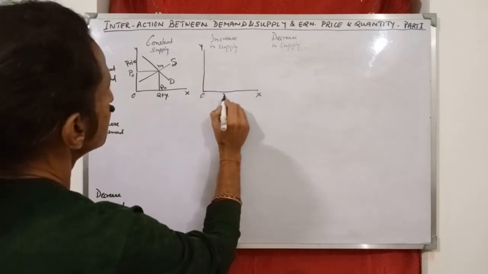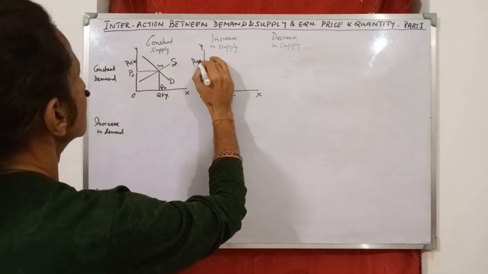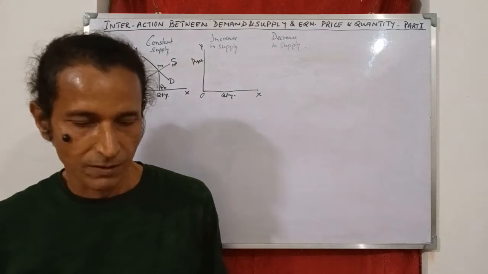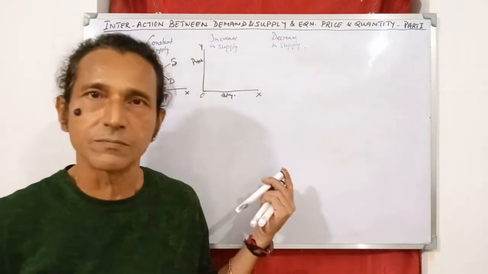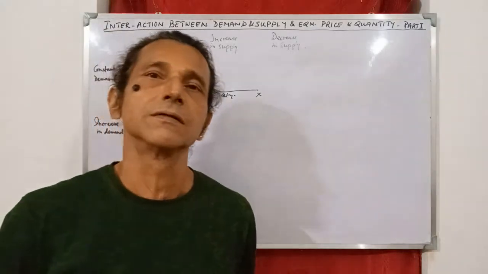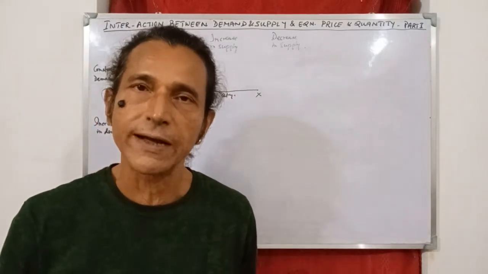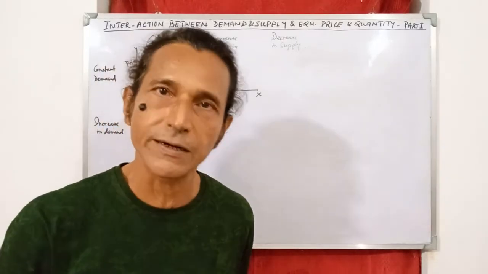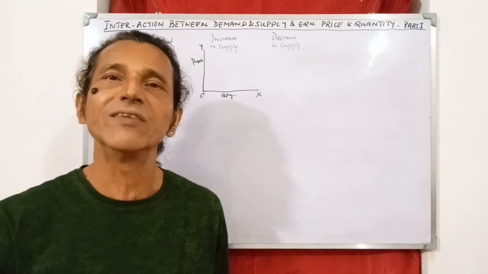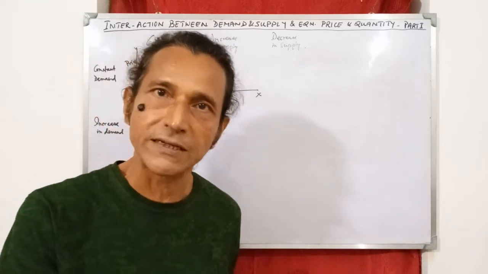Again on X axis we measure quantity, on Y axis we measure price. Remember, when you depict something diagrammatically, so long as demand curves and supply curves are concerned, start from equilibrium. You assume that equilibrium exists in the market. After that you show what variable is changing and what is its impact on the equilibrium price and quantity.